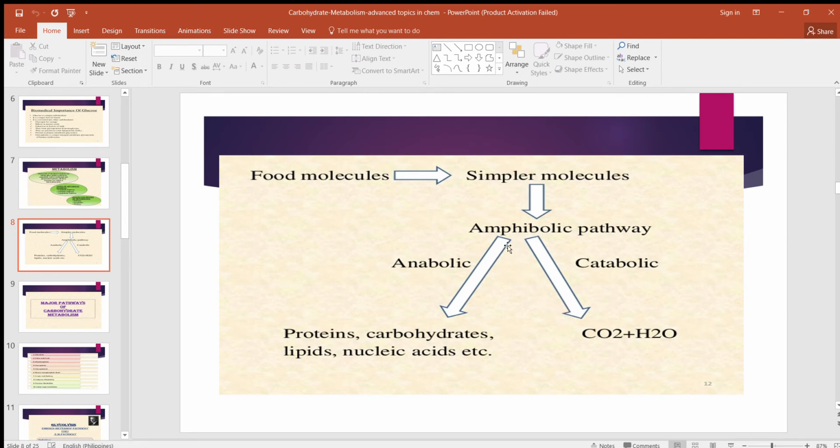Sa anabolic, the food molecules, for example protein, carbohydrate, lipids, and nucleic acid, can be converted into simple molecules. Doon naman sa catabolic pathway, it can produce carbon dioxide and water.